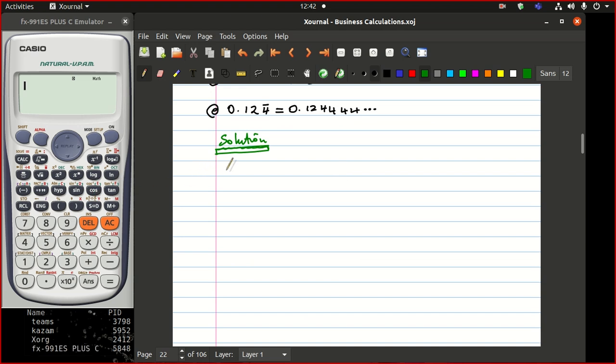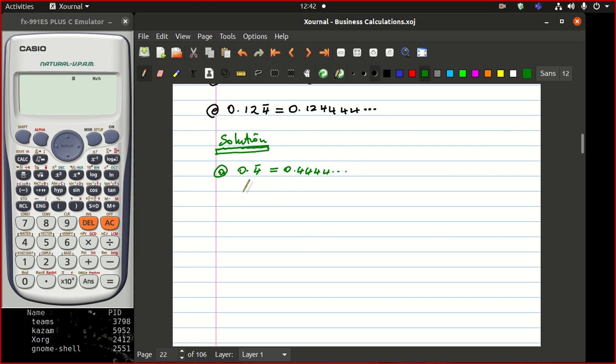So here, the first question was we wanted to end up dealing with 0.4 with a bar. In other words, we're actually having 0.4444 throughout.